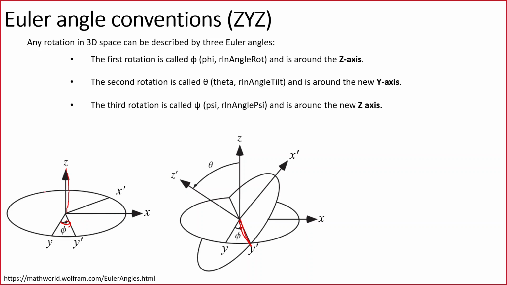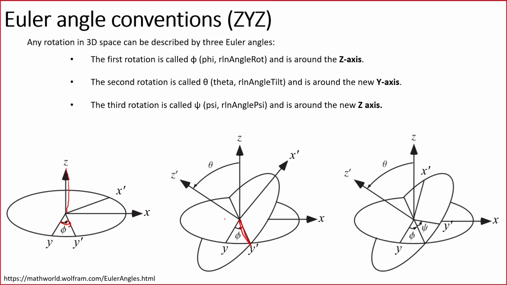It was the same in the previous case, where we only transformed y to y prime and x to x prime, but because we were rotating around the z-axis, the z was unaffected. Now the y was unaffected, and all the rest of the axes were affected. Now we are performing the third rotation, called the psi rotation, and this is a rotation along the newly created z-axis.